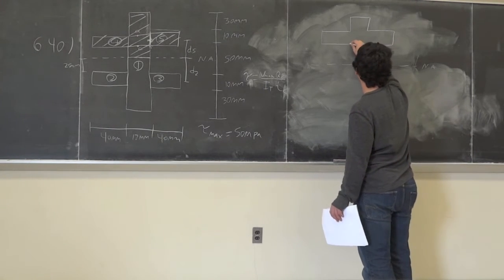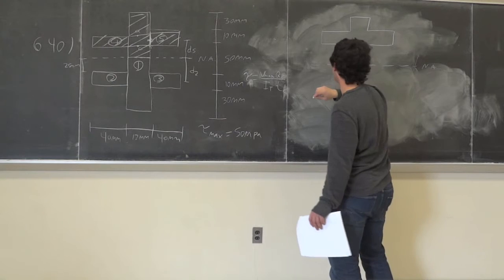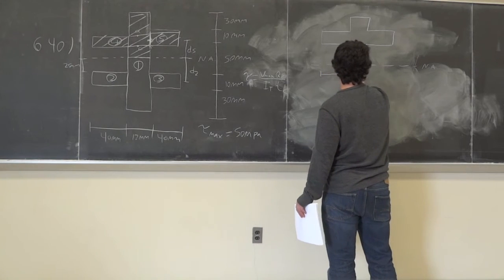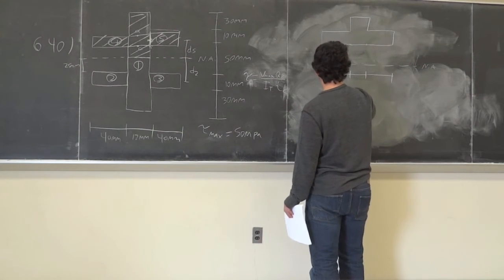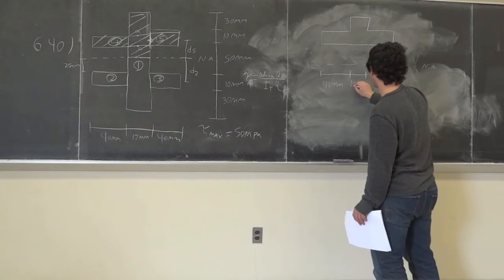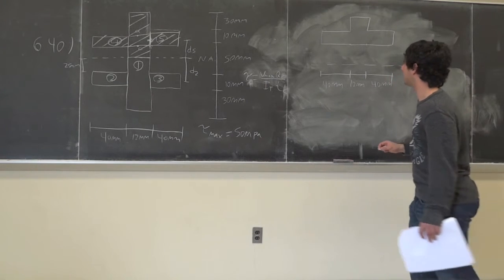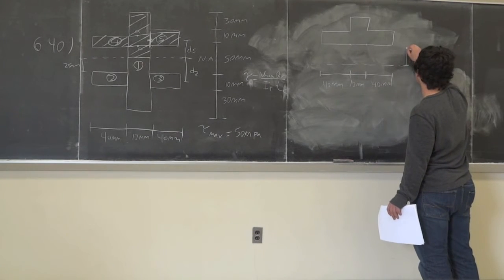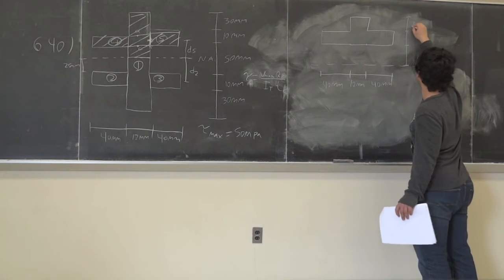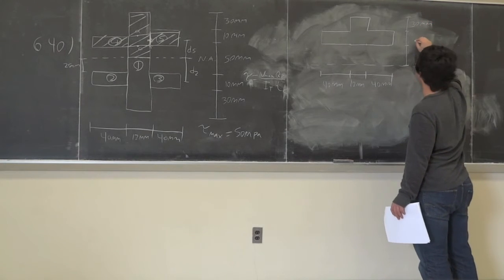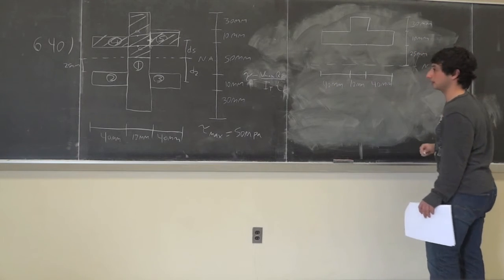Now remember, this distance from here to here is tC. Let me draw the distances in. This is 40 millimeters, this is 12 millimeters, and this is 40 millimeters. We need these distances too. This is 30 millimeters, this is 10 millimeters, and this is 25 millimeters. It's just half of it.